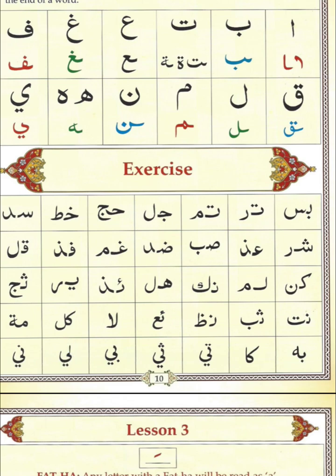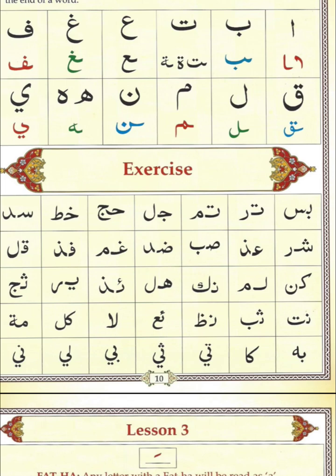Lam, ya, noon, ya. So look at the last five. They have the same shape. All of them, the second letter, which is underneath, is ya, and the first one is different. I mean, the first letter is different on top.